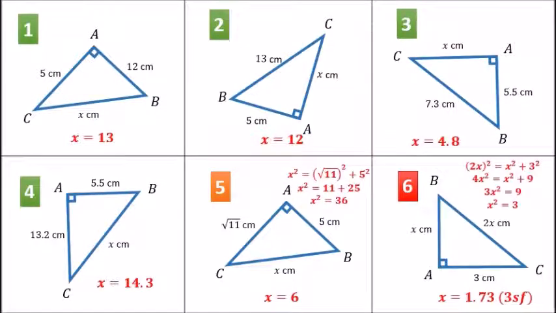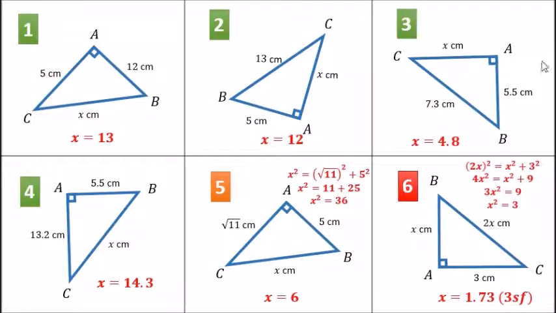Okay. So the answers are on the screen. I'm not going to go through questions 1 through 4. It's worth noting that in this one we're finding the longer side. This one is exactly the same triangle as question 1, we're just finding the shorter side. Question 3, we are again finding the shorter side, but instead I've gone to using decimals.